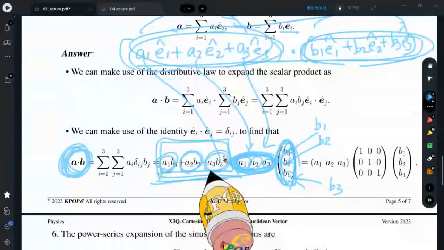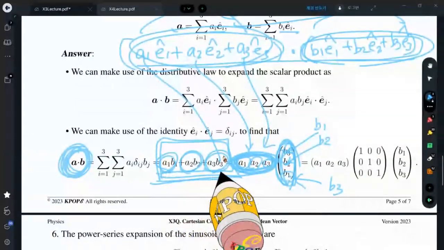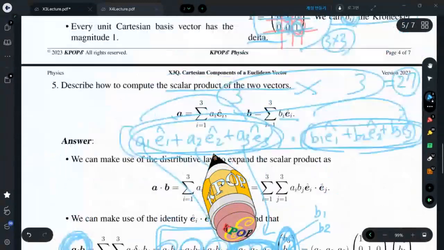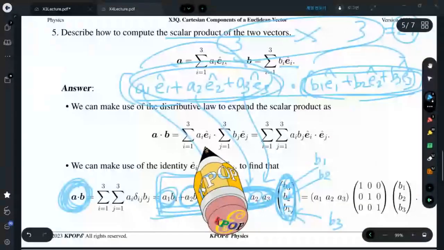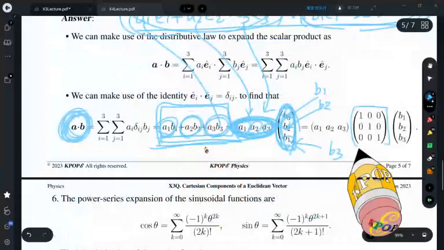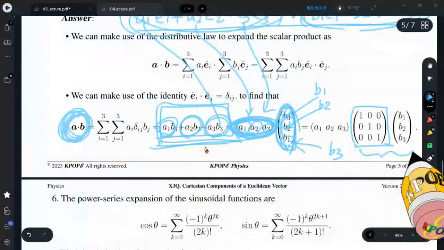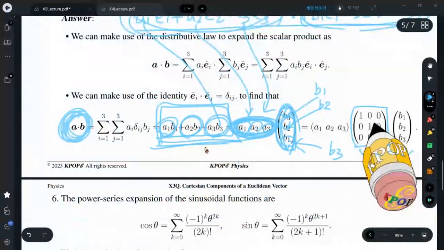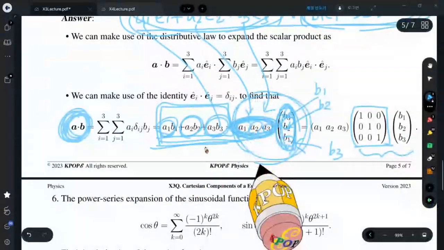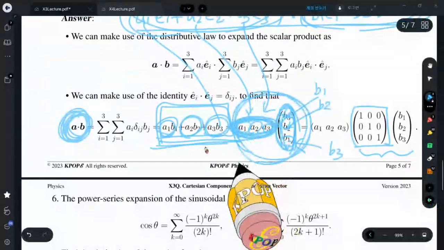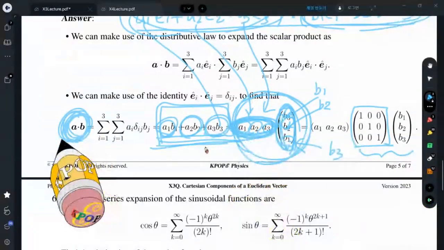In addition, I can insert the identity matrix that we have introduced. What happens? This is the identity matrix. Why don't we multiply this? Multiplication between these two follows the way of multiplying two vectors.